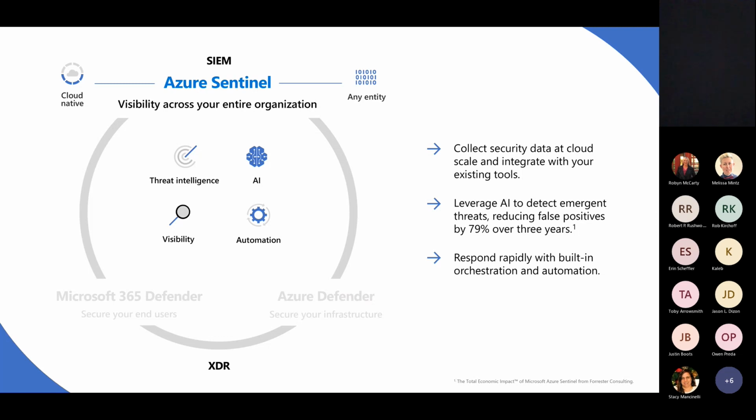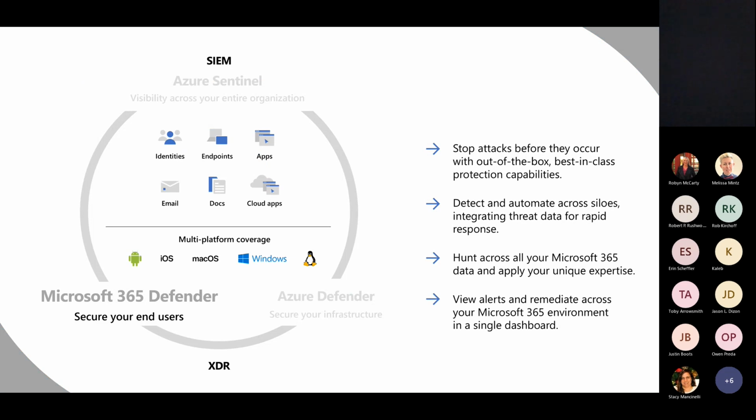It's all now part of Azure Sentinel. And for those of you that haven't looked at this, I'll tell you, it's a real cost-effective way of getting the alerting and the information that you need to protect your environment, again, both in the cloud and on-premise.